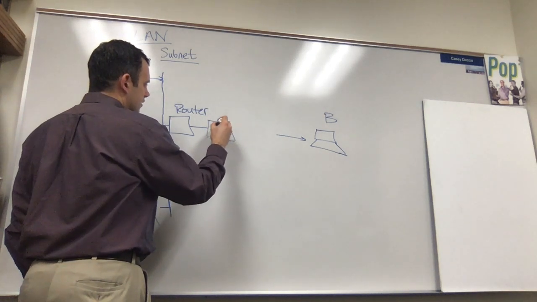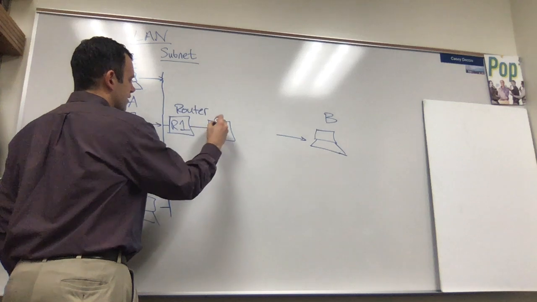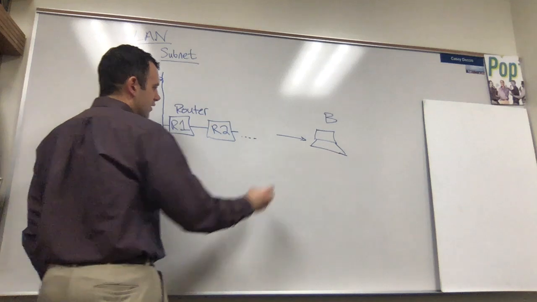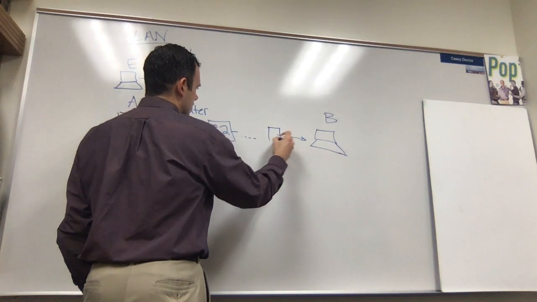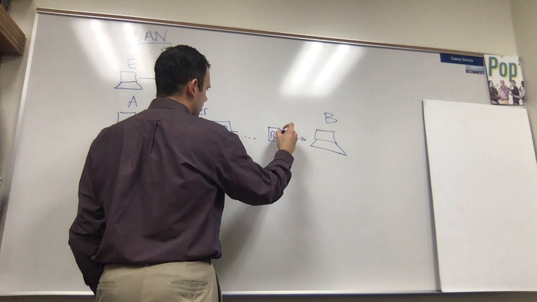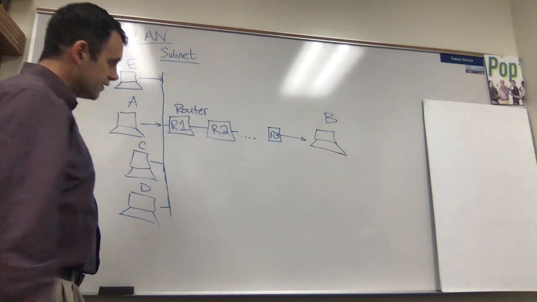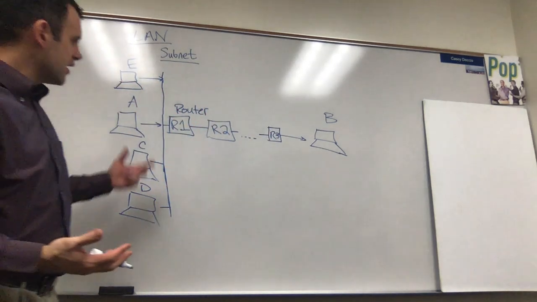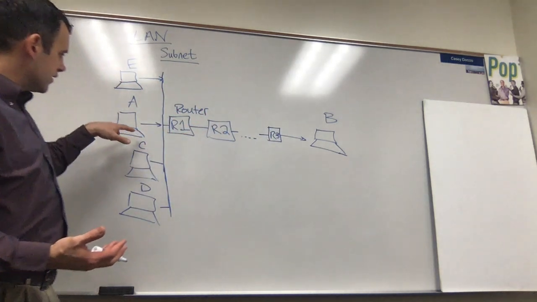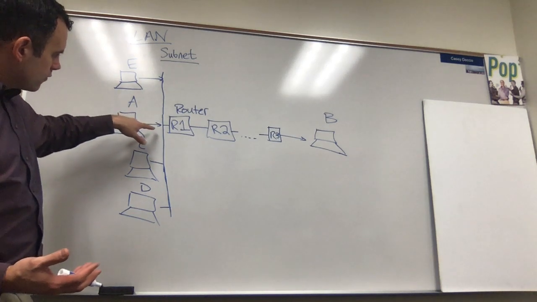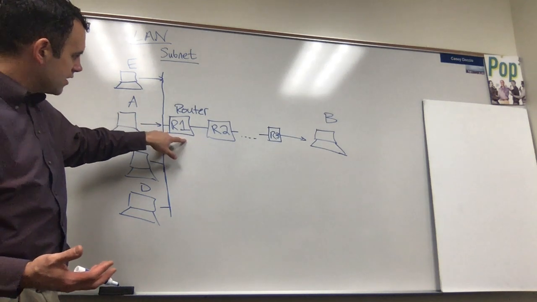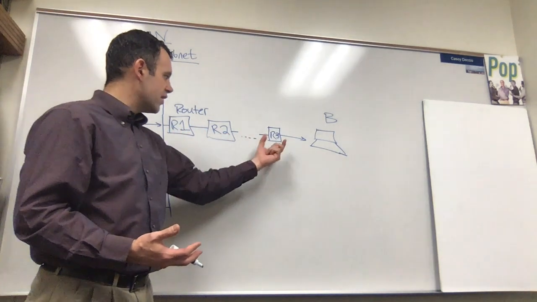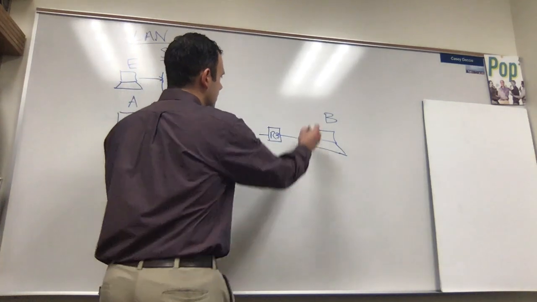I'll call this R1, I will call this R2, and so on, until it finally gets back over to the local area network associated with B. It might have some arbitrary number of hops in between. If we're going from A to B, A would send this packet to router 1, R1 would send it to R2, and so on, all the way until it gets to B's local area network.